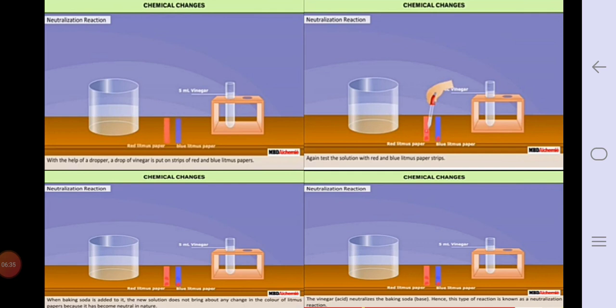The reaction between carbon dioxide and lime water is as follows. Carbon dioxide plus lime water gives calcium carbonate plus water. When carbon dioxide is passed through lime water, calcium carbonate is formed, which makes lime water milky.